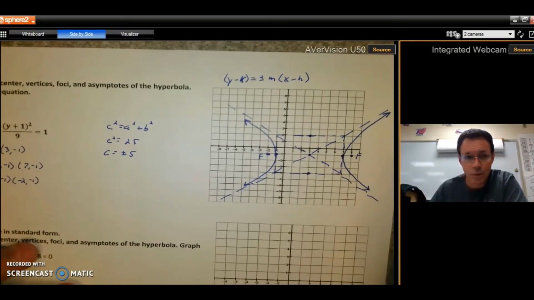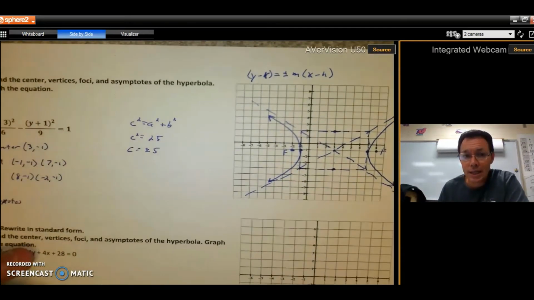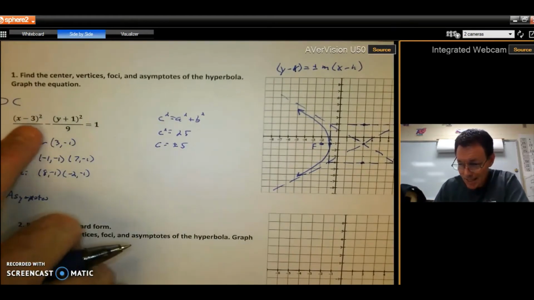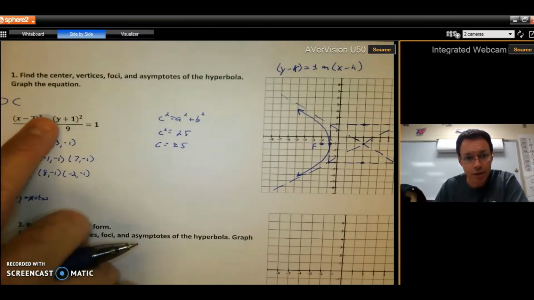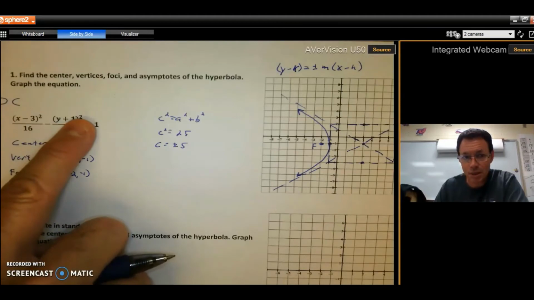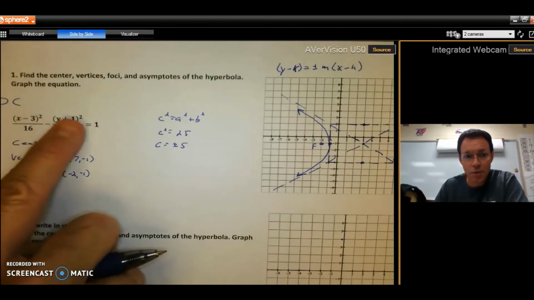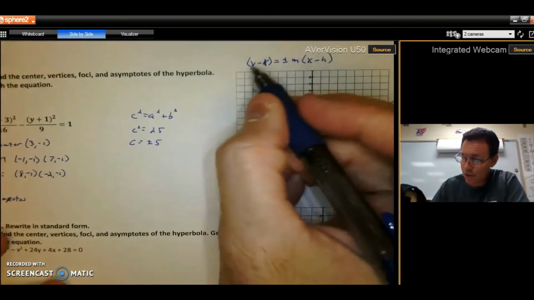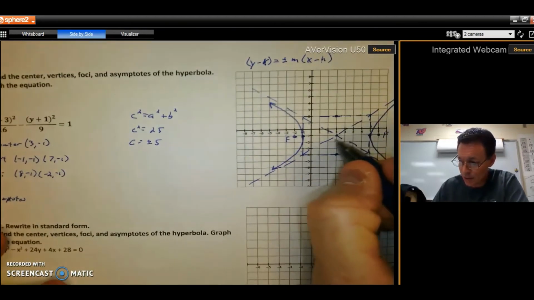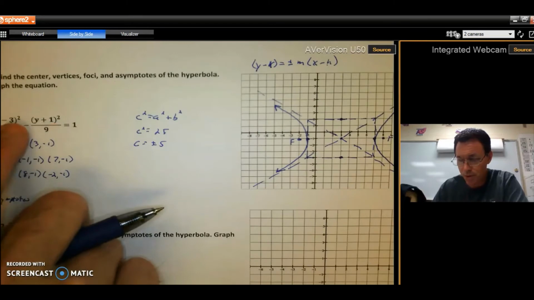Okay, so that's the formula we're going to use. But if you go back to the original equation, this parenthesis is x minus h. It's just being squared. And this parenthesis is y minus k. It's just being squared. So if we remove those squares, that's going to be our starting point. Because the point we use for point slope is this center point, which is what those two tell us.